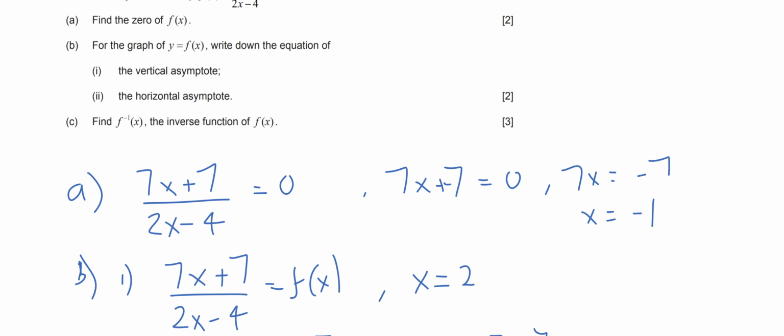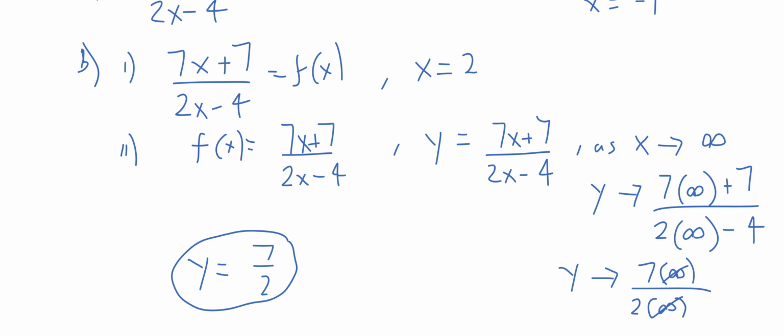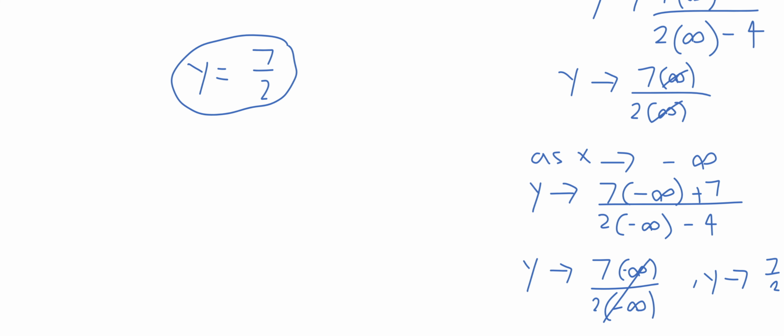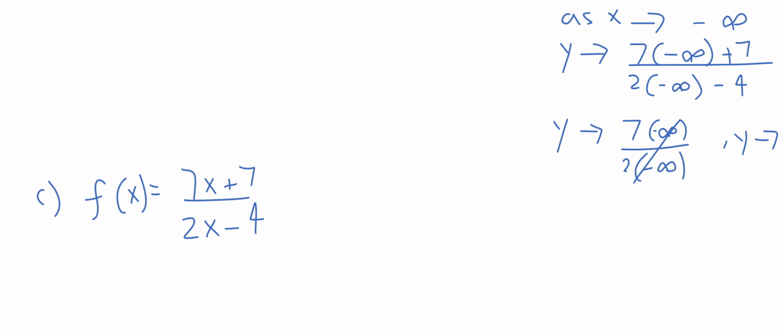Okay, so part C of the question, find f minus 1 of x, the inverse function of f of x. So f of x equals 7x plus 7 over 2x minus 4.